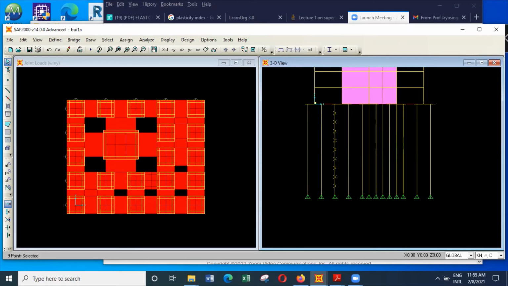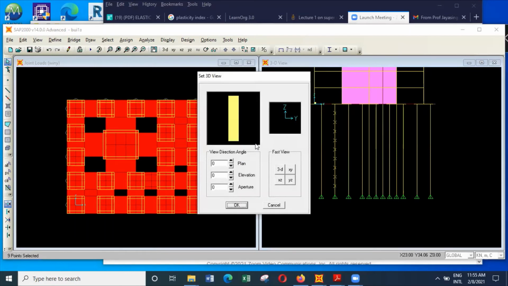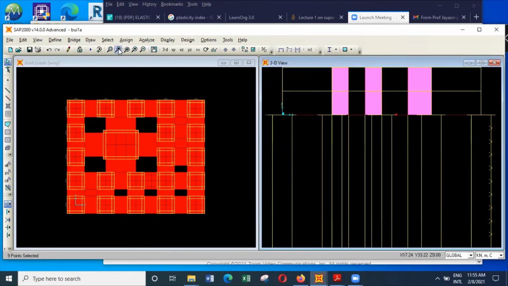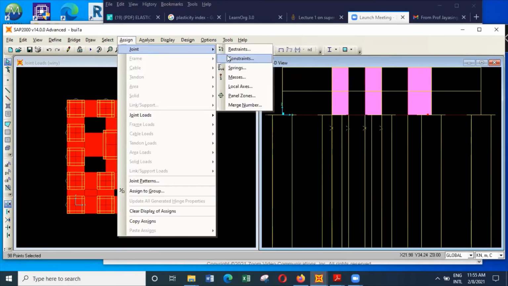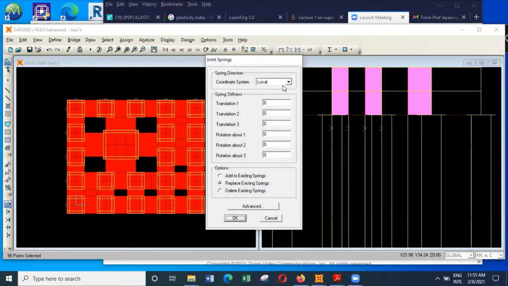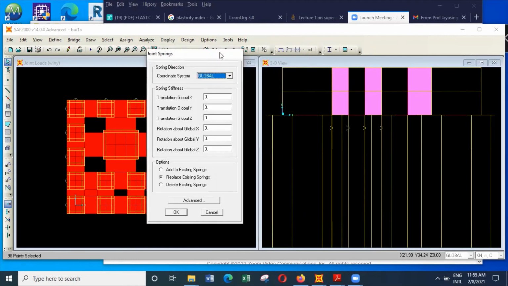So to apply the springs, the first thing is, you have to go to 3D view and select one of the views and select selection. So you can select spring level, and then we have to see what we apply for the spring constant. So we say assign, joint, spring, and we can apply it in the global direction, X and Y directions.